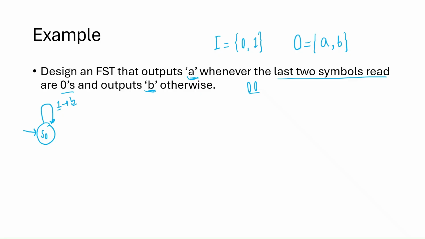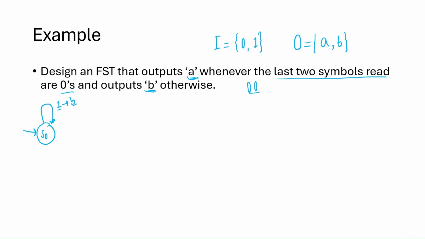So going from one state to a different state means that the machine needs to change its state of memory, which means that it needs to remember something different. Now, in the case of this machine, based on the description or the expected behavior, the only thing that this machine needs to remember is whether the previous symbol that it read is a 0.